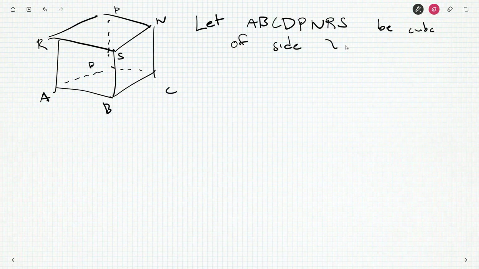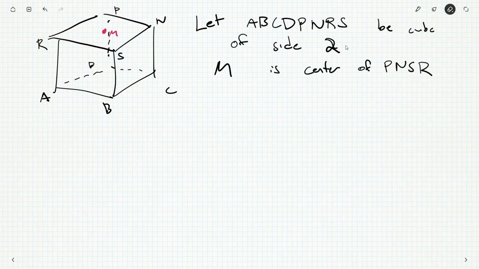And what we can do is we can come along and say, okay, M is the midpoint of the opposite face. Well, you don't usually have a midpoint of a face, but we'll say M is the center of PNSR.